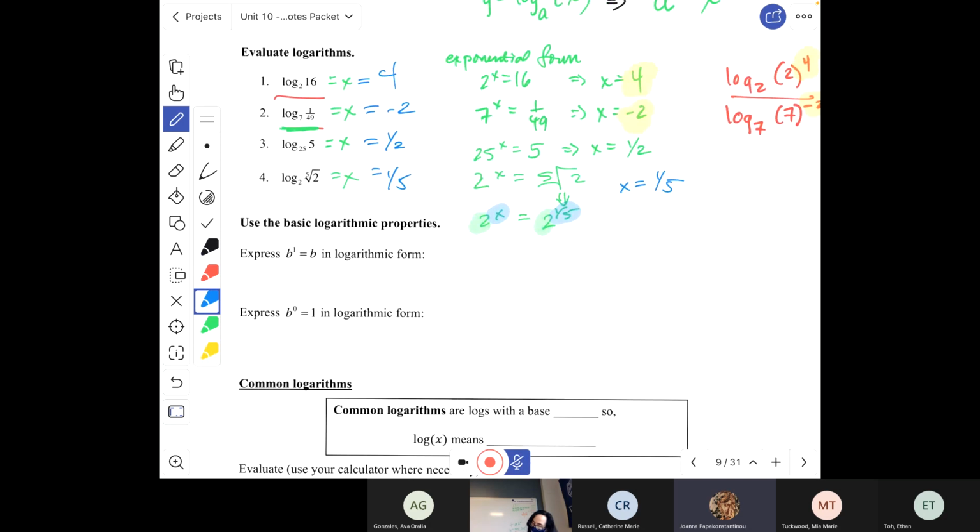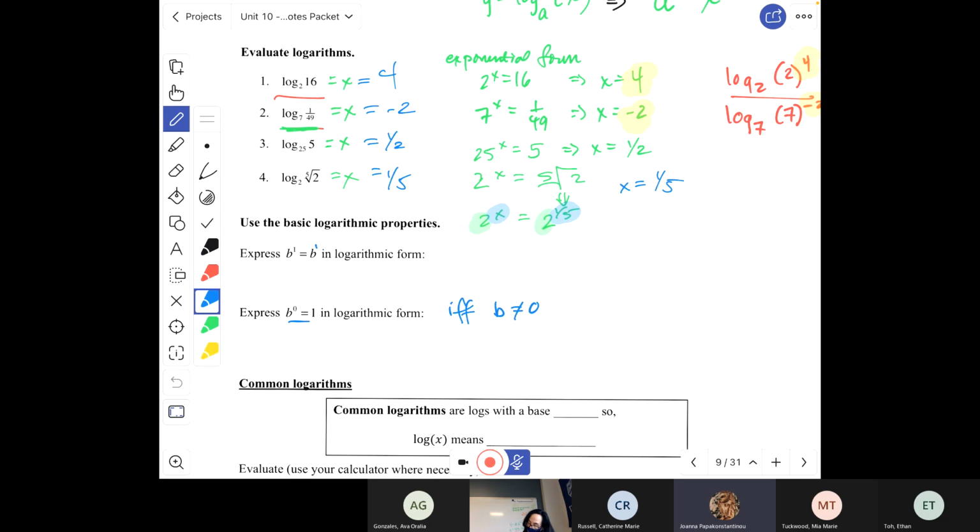A property that states, well, if I have this, I know that my 2 exponents are equal. I also know that b to the 0, as long as b is not equal to 0, and I should say if and only if b is not equal to 0, that anything other than 0 raised to the 0 power is 1. So if I keep those pieces of information, I can interpret this using logarithms.